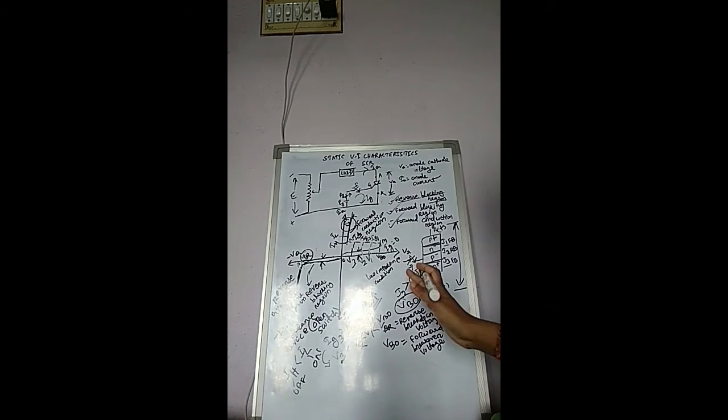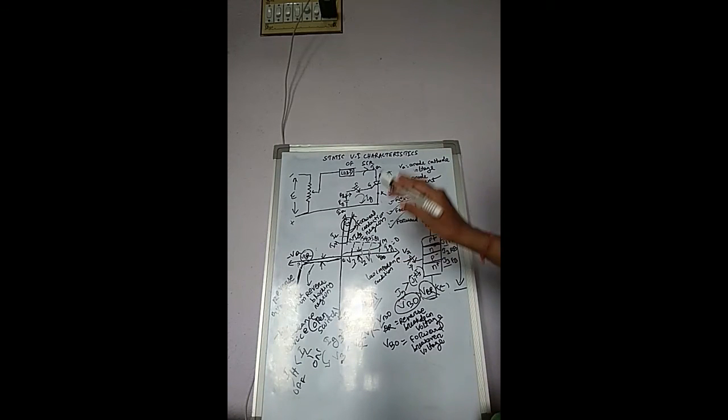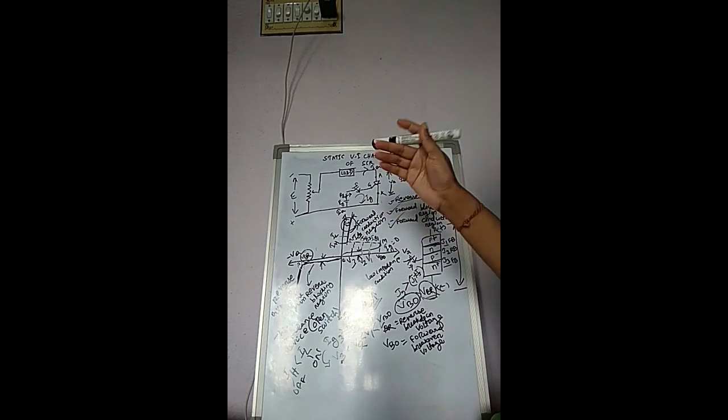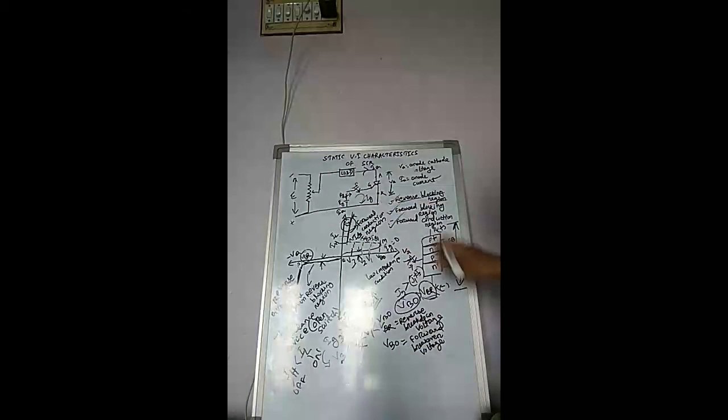By applying a gate signal to turn on the SCR is the most reliable method. So we understood all details of the VI characteristics of SCR. What is this? Forward breakover voltage, reverse breakdown voltage, and then holding current, latching current. Now we understood all this.